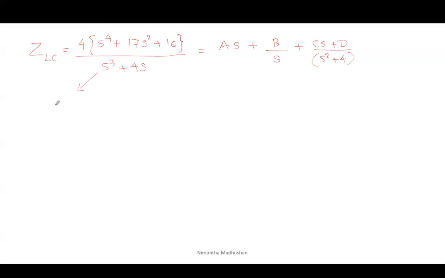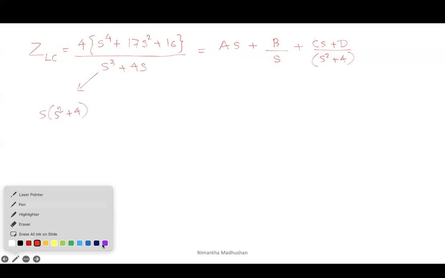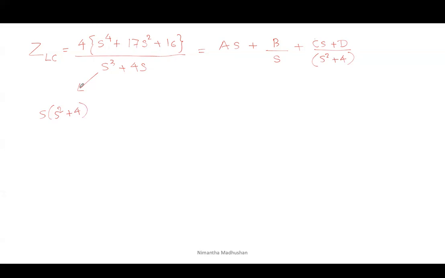Here the common denominator is s into s squared plus 4. Then I multiply both sides by this.